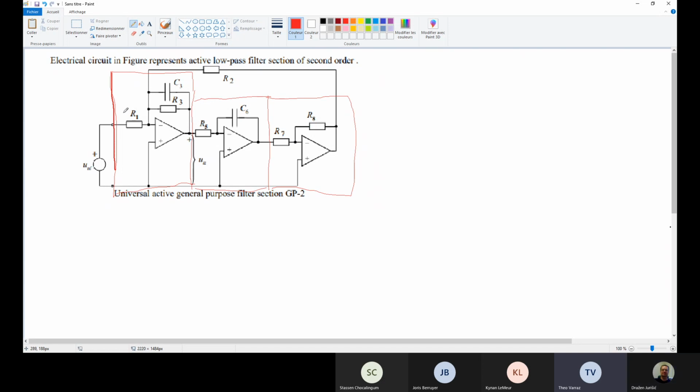I have the transfer function UIZ over IZ, where IZ is the output and UL is the input. IZ means islas, which is out, and ULAS is input.